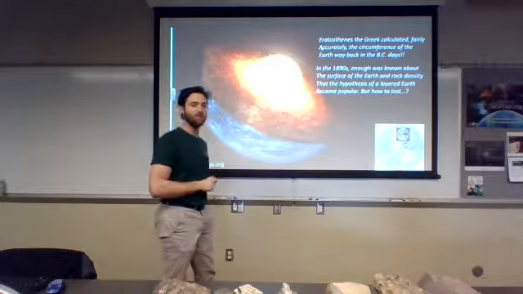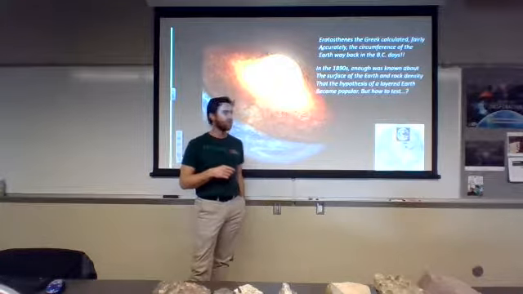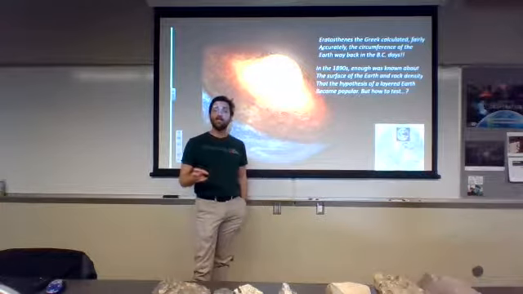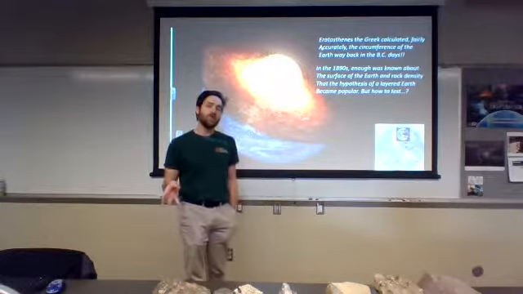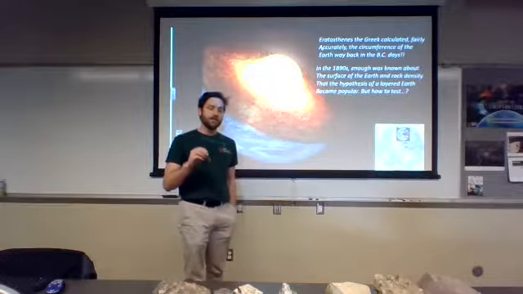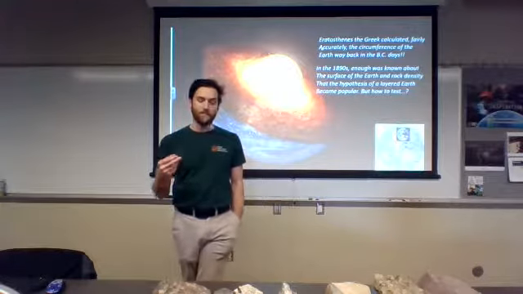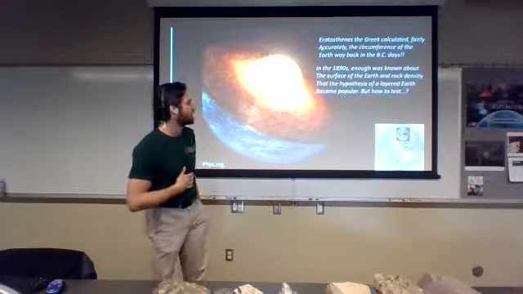So even at that time, around 240 BCE, before the Common Era, Eratosthenes had correctly proposed that the Earth was around 6,300 or 6,700 kilometers to the interior. And so within an order of magnitude of this, which is pretty darn neat.